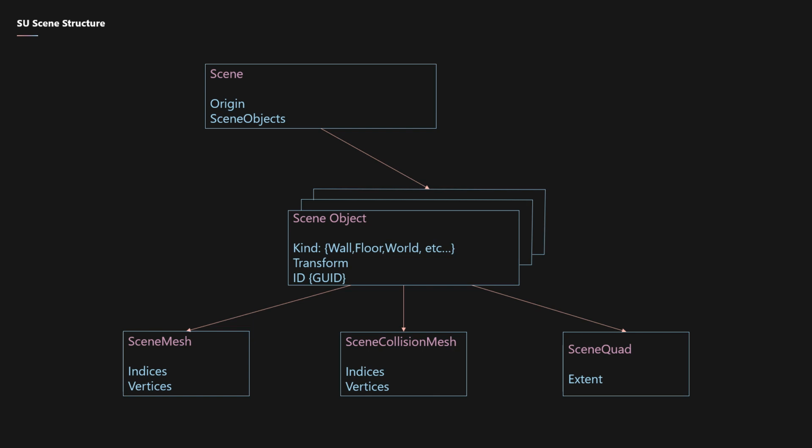And lastly, these scene objects can potentially be represented by many things. They can be represented by meshes, that's the scene mesh on the left, by collision meshes, or quads, and we'll talk about the difference between those later.